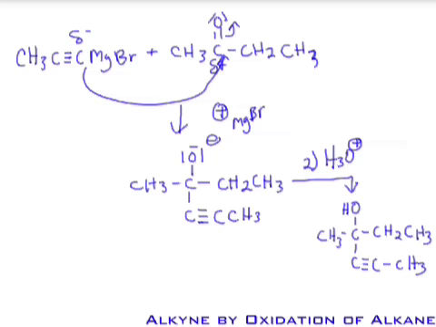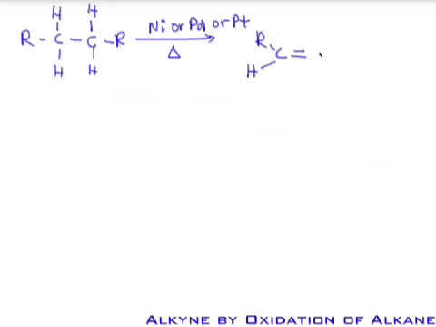And lastly, of course, there is the reaction with the material that I've already alluded to. We can take an alkane, react it with our catalyst, nickel, palladium, or platinum. The interesting thing is, if you keep heating it, you can scavenge more hydrogens, and you will get to alkynes.